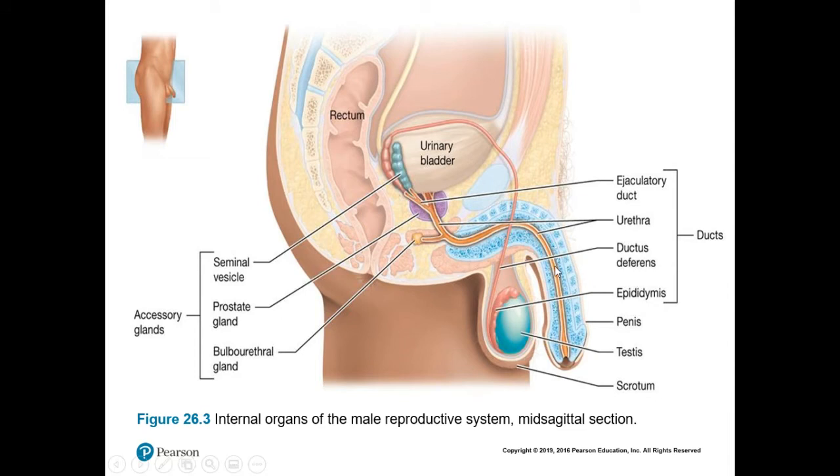So the penis itself is the copulatory organ for males. Again, copulatory meaning mating, sex, if you will. The composition of it is spongy connective tissue, which can be filled with blood.